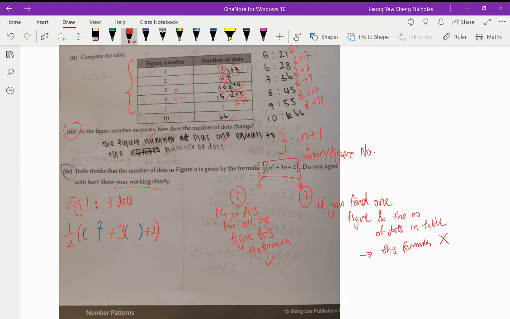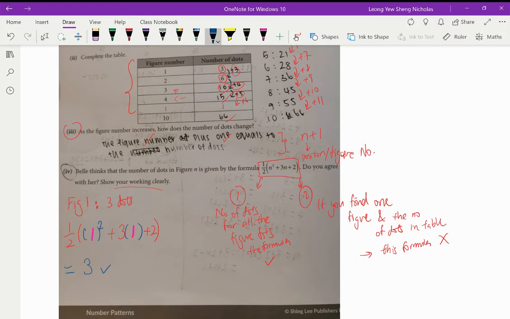So I replace n with 1 because I'm looking at figure number 1. I put in the value and I calculate. 1 plus 3 plus 2 is 6. 6 divided by 2 is 3. That means figure number 1 works.